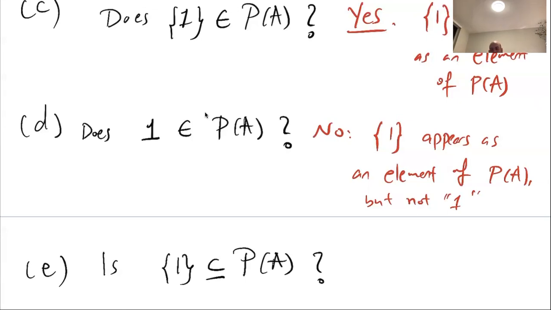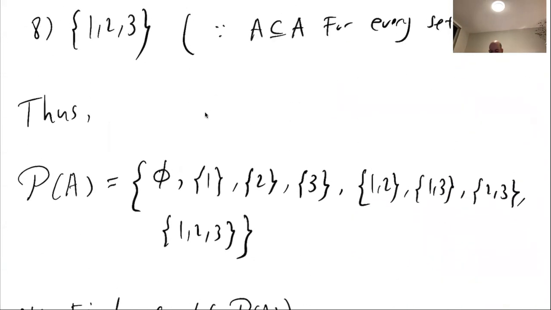What about this one? Is {1} a subset of P of A? What do you think? I will show you P of A again. This is P of A. Is {1} a subset here? The set containing 1, a subset of this.